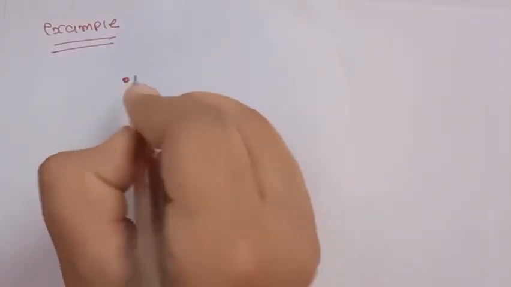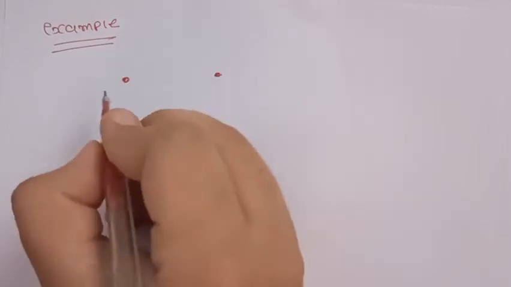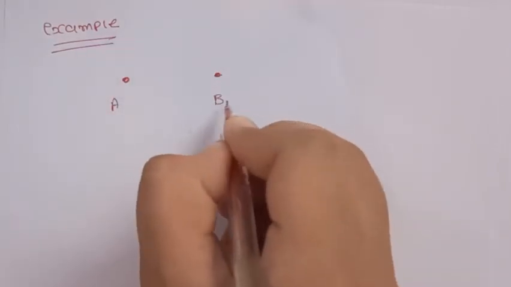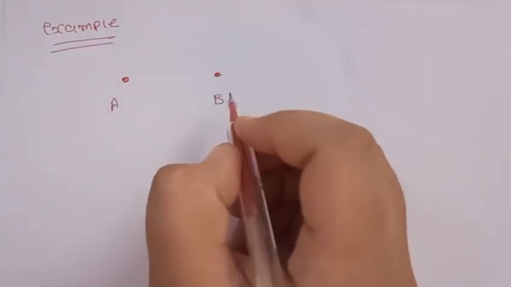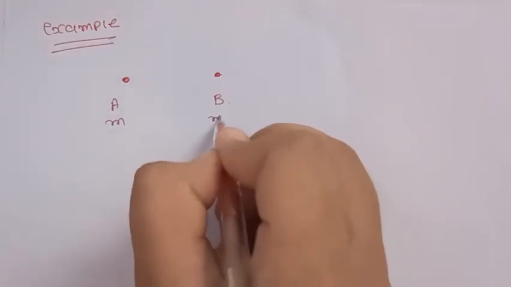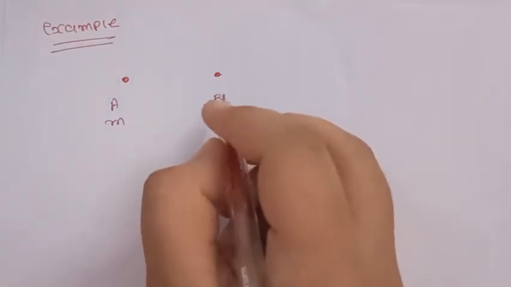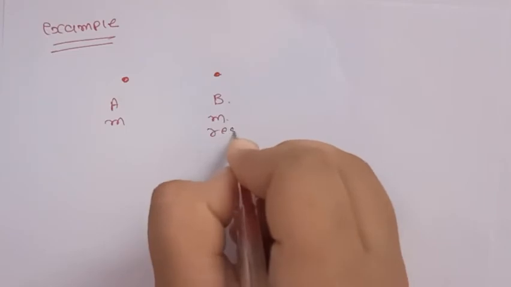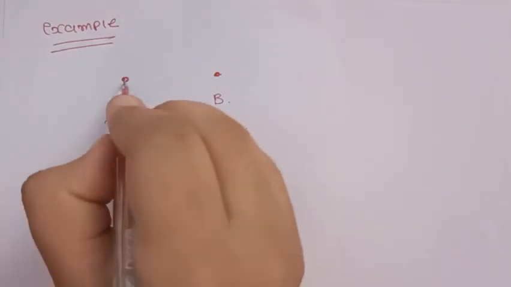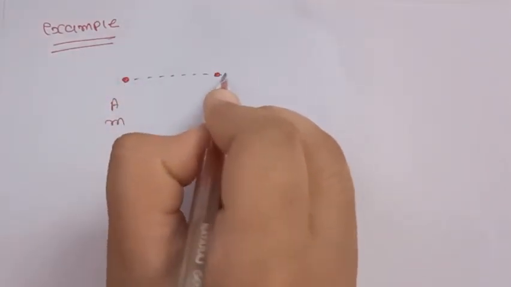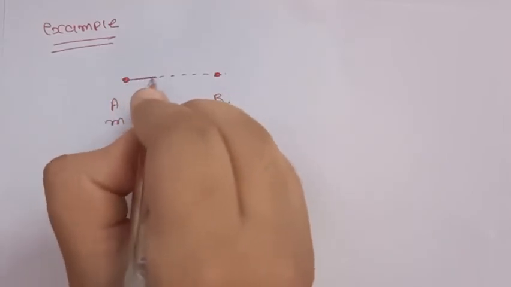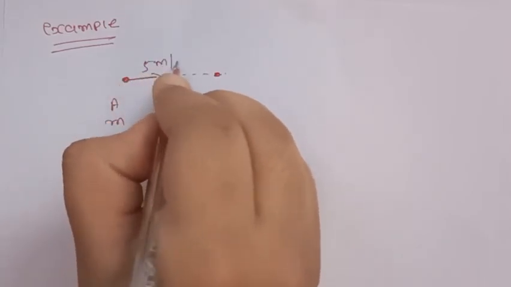Now let us see one example based on that. It is given that two particles A and B have the same mass m. Given B is at rest and A is moving along x-axis with a speed of 5 meter per second.